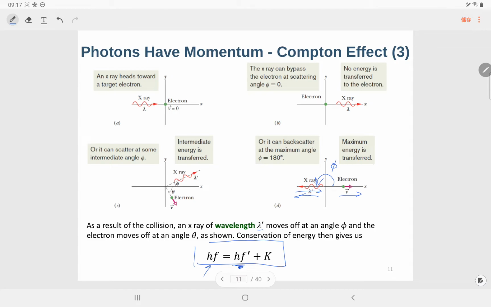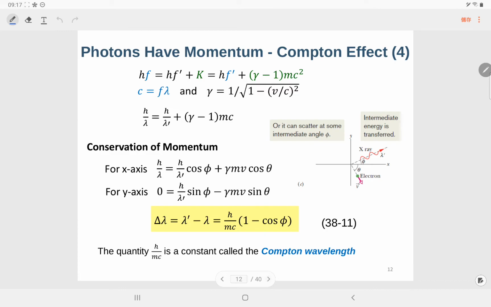So hf prime is the final energy of the photon, and K is the kinetic energy of the electron. So we have some sort of conservation of energy, because 这个是什么完全弹性碰撞啊，所以它能量还是守恒的。So we have some sort of conservation of energy here.